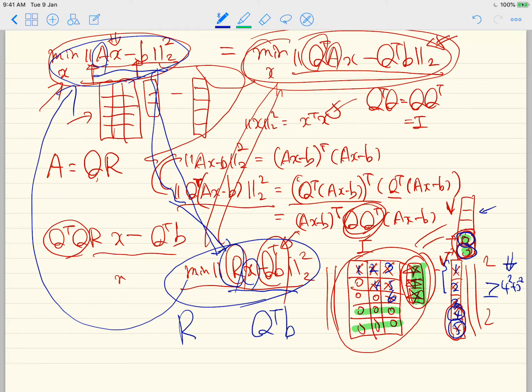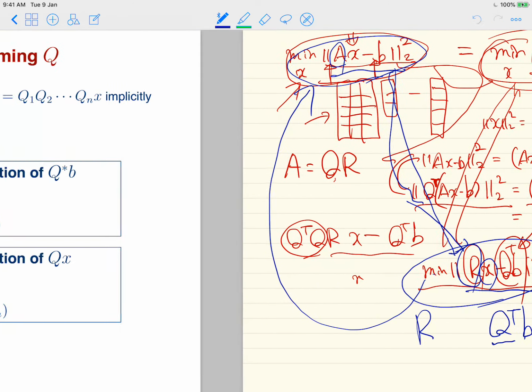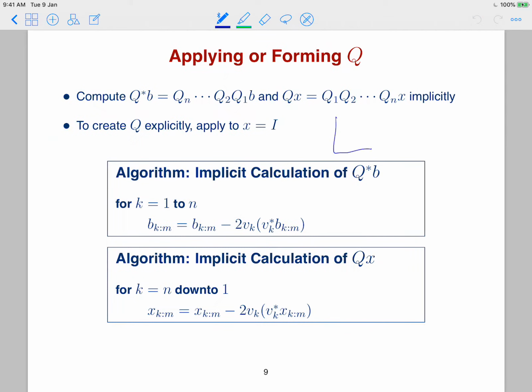So here it seems that we need a Q explicitly, but it turns out not to be the case, because we start from matrix A to apply this QR decomposition to make our matrix R, right? And also we have this vector B in the case of least squares, right?